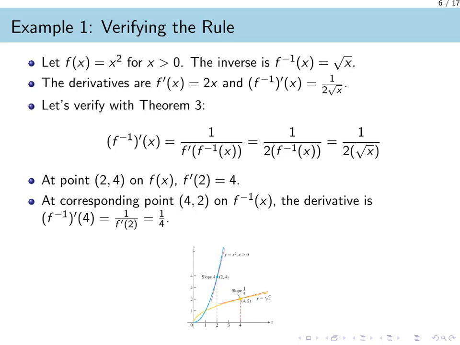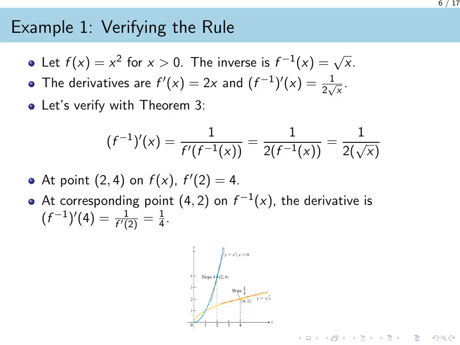Let us confirm our new derivative rule for inverses with a familiar example to build our confidence in the formula. I will use the function f of x equals x squared for x greater than 0, whose inverse is f inverse of x equals the square root of x. We already know their derivatives are f prime of x equals 2x, and the derivative of the inverse is 1 over the quantity 2 times the square root of x.